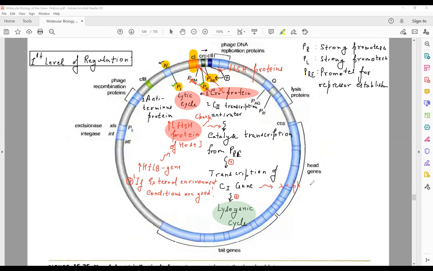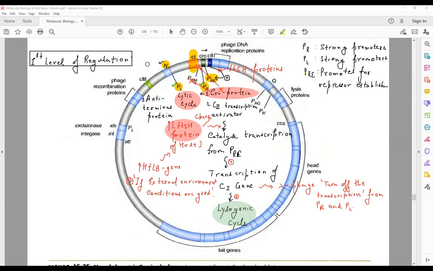Once the lambda repressor is produced, it will turn off the transcription from PR and PL. Okay. So this is how transcription is being turned off.